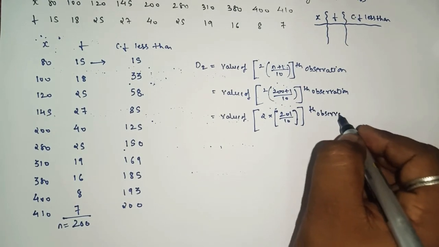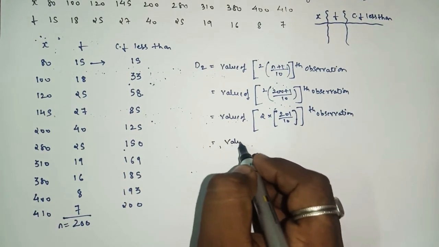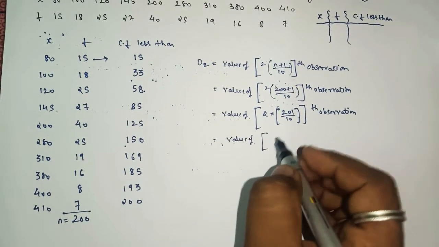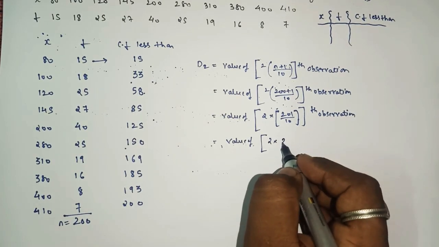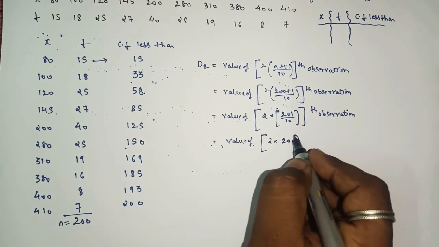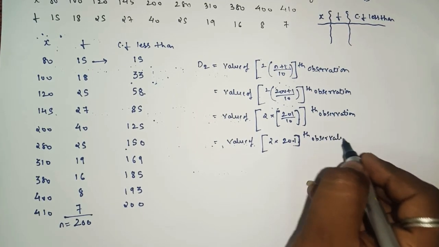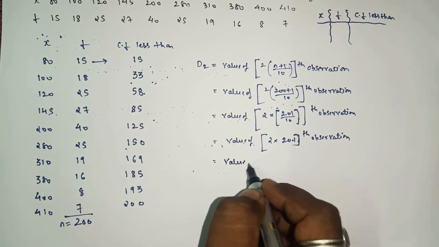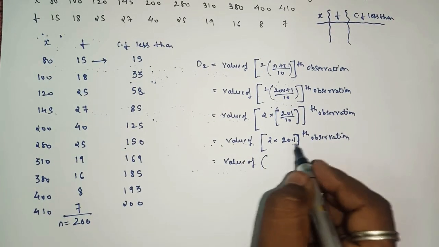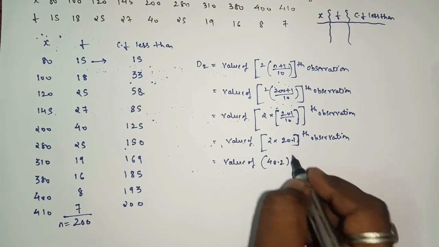Yes or no? So value of 2 into, here we have 10, so the answer will be 20.1 observation. The next step, you will write value of and multiply, and see, you will get what? 40.2. Yes or no?